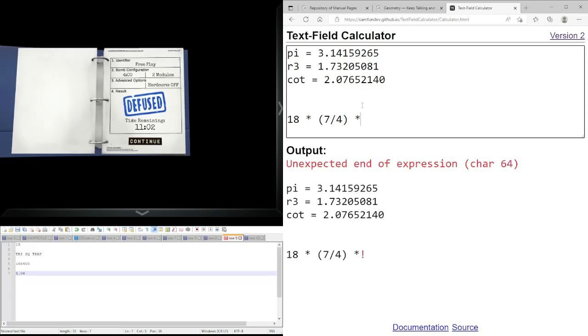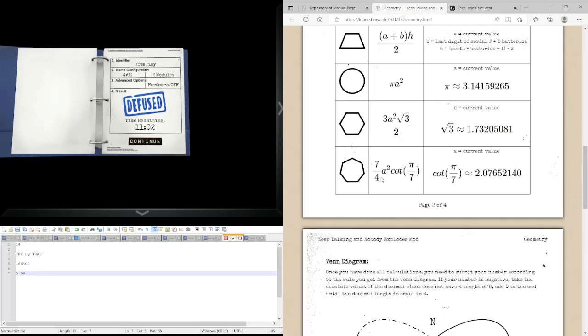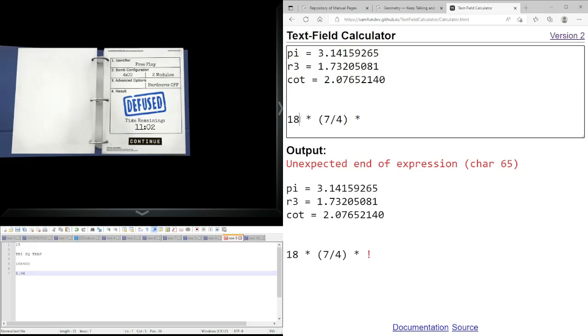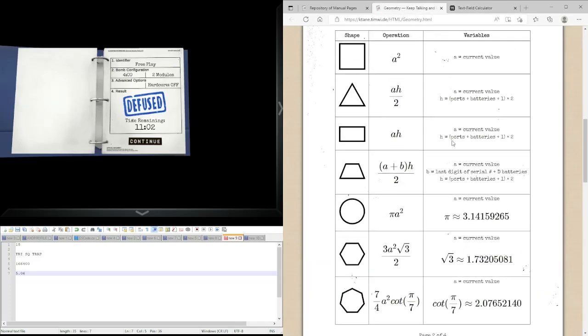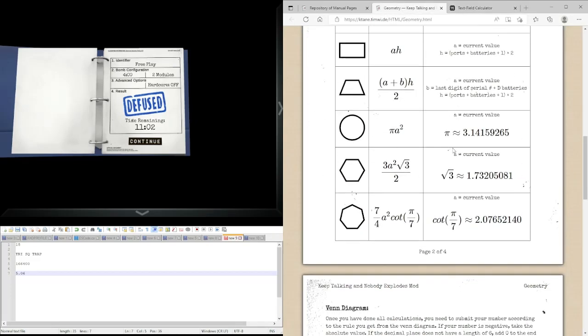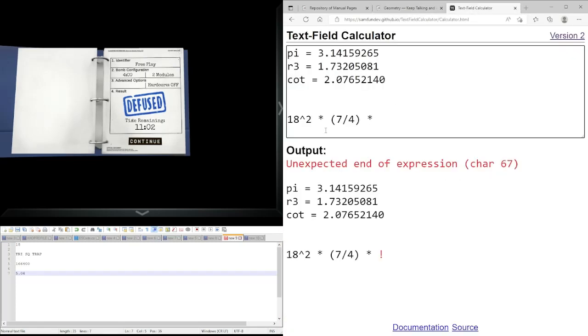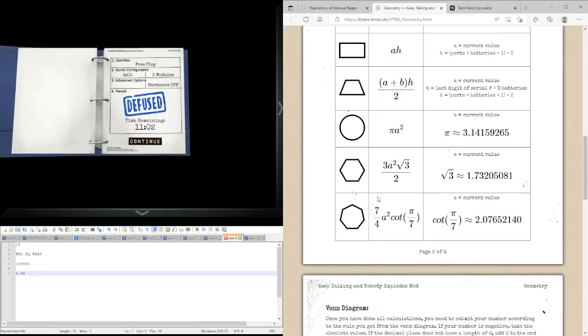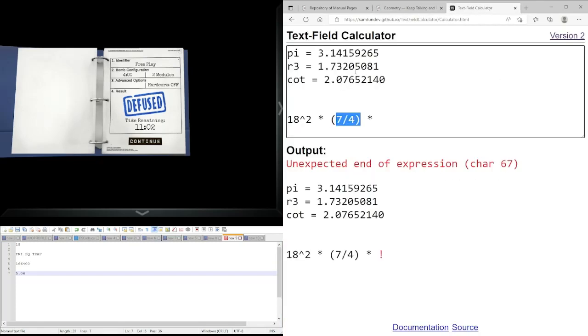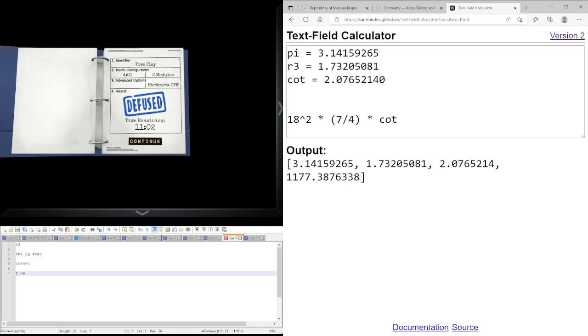Then multiply that by the cotangent value, after squaring it of course, and that gives us this, and we will get given this.